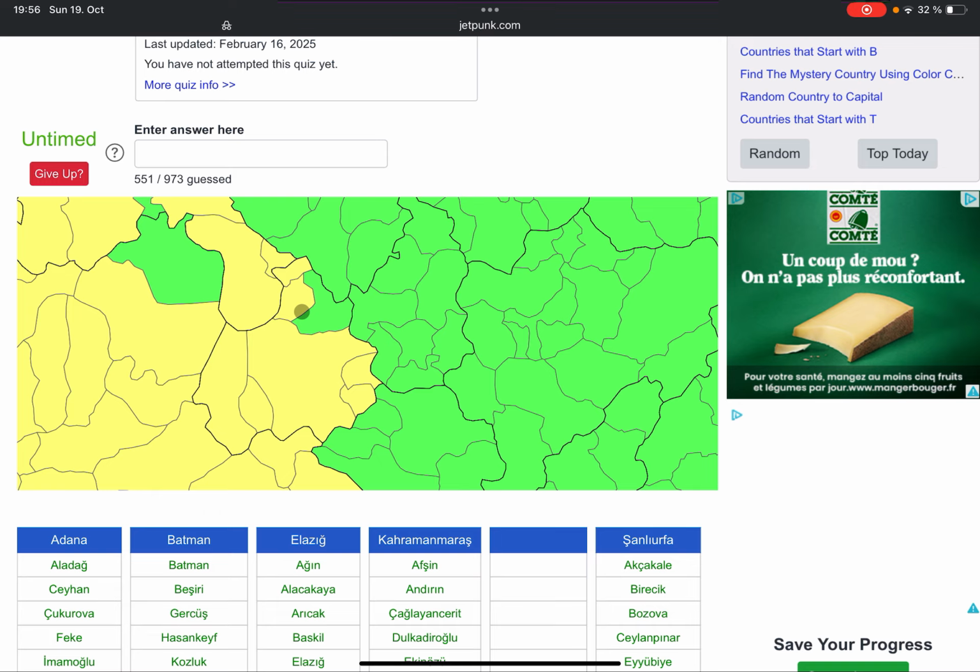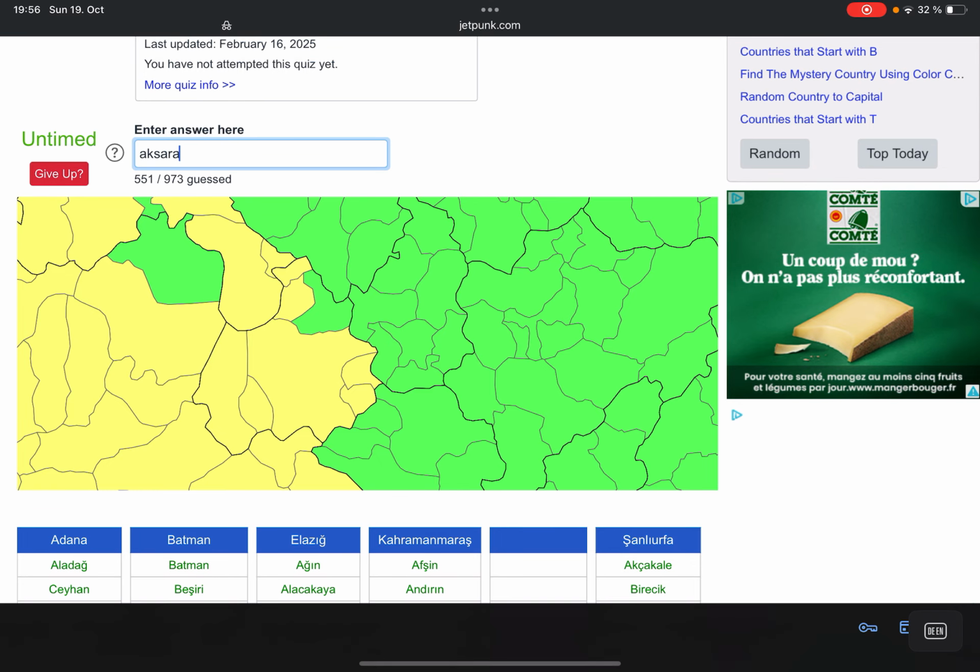Let's do Aksaray next. Aksaray. We have Sultanhanı. We have Eskil. We have the Laughing Tree. Gülağaç, meaning tree that laughs, I guess, or something. Just a funny name there.